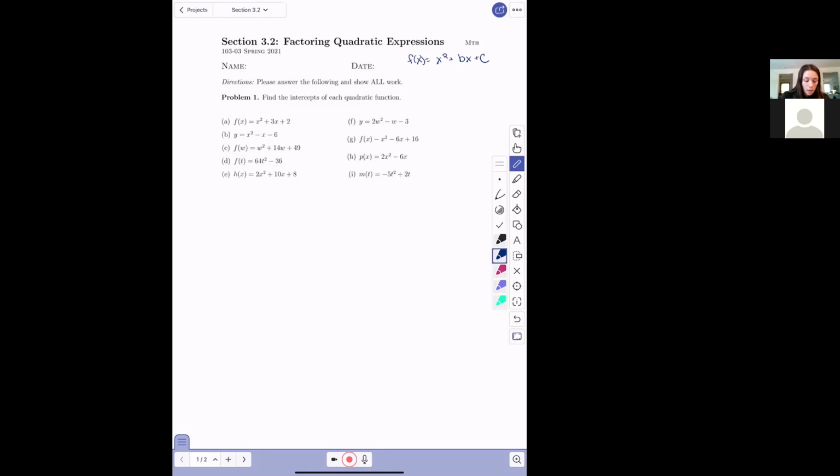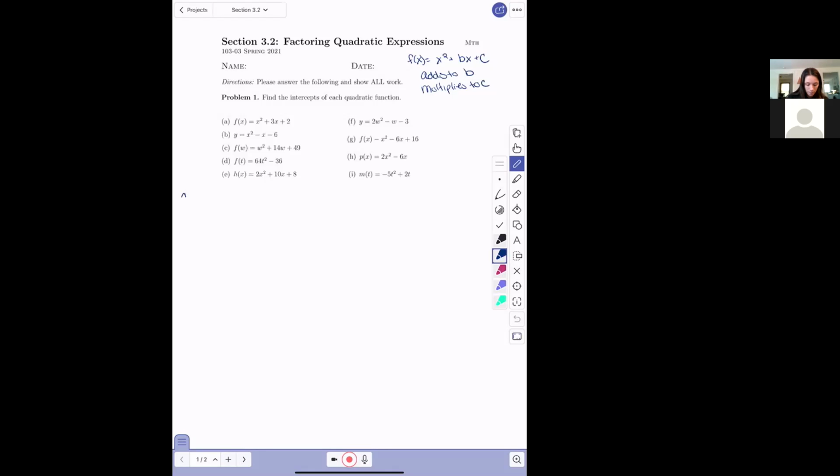We want to find something that adds to b and multiplies to c. And then there's some variations on this that we're going to see in all these problems that we're going to go through. But that's kind of the general idea. We're always looking for something that adds to the middle term and multiplies to the last term when the coefficient of x squared is 1. We'll talk about what happens when it's not when we get there.